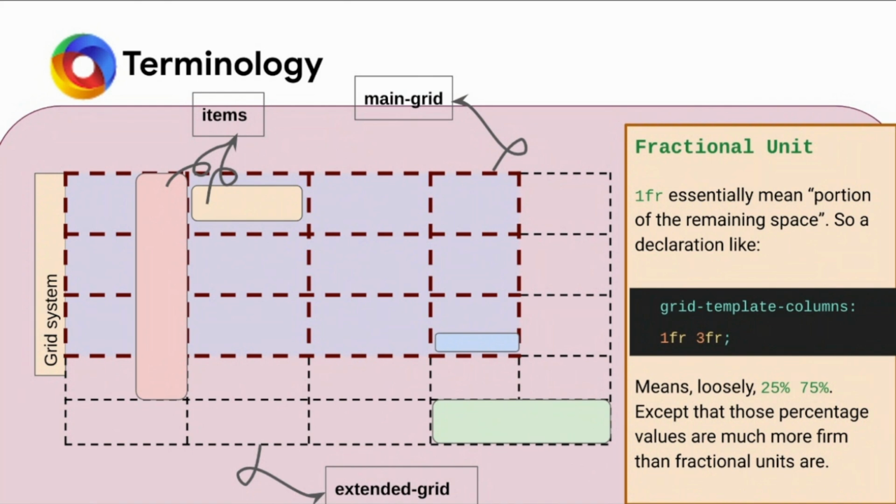So it is telling that the 9 part should be taken by this one, and the 3 part would be taken by that one. So that's how the grid is working. There most probably the concept of implicit grid doesn't work, because they have already aligned into 12 items. So implicit grid is not a concept there, but when you're studying the grid concept, implicit grid plays a major role.